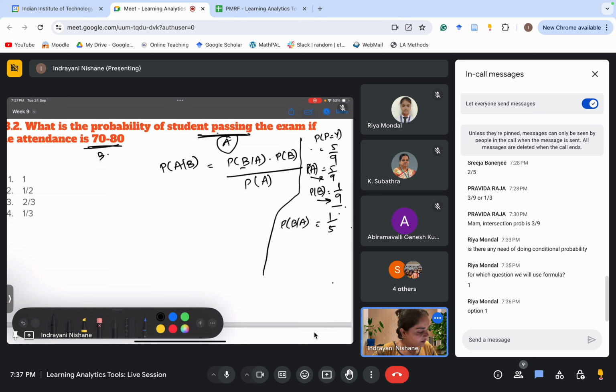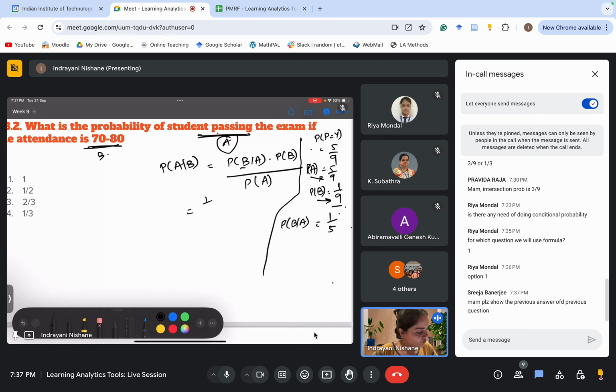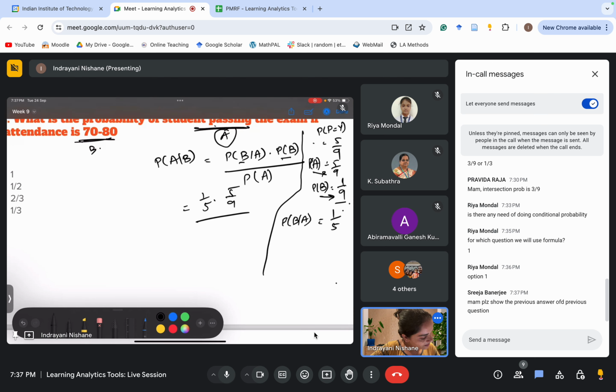So let's put all these values into the formula. 1 out of 5 multiplied by probability of A, which is 5 by 9, divided by probability of B, which is again 1 by 9.